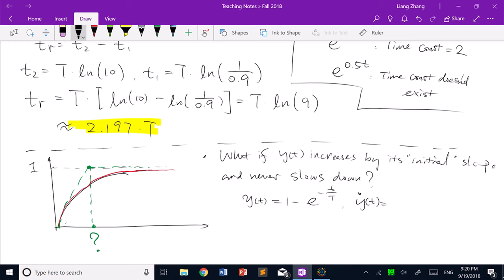You have a minus sign here and a minus sign here, so no minus signs, and you have this 1 over T, so you have 1 over T times e to the minus t over T. And the initial slope will be the derivative of the curve at time 0. So if you plug in t equal to 0, it's going to be 1 over T.